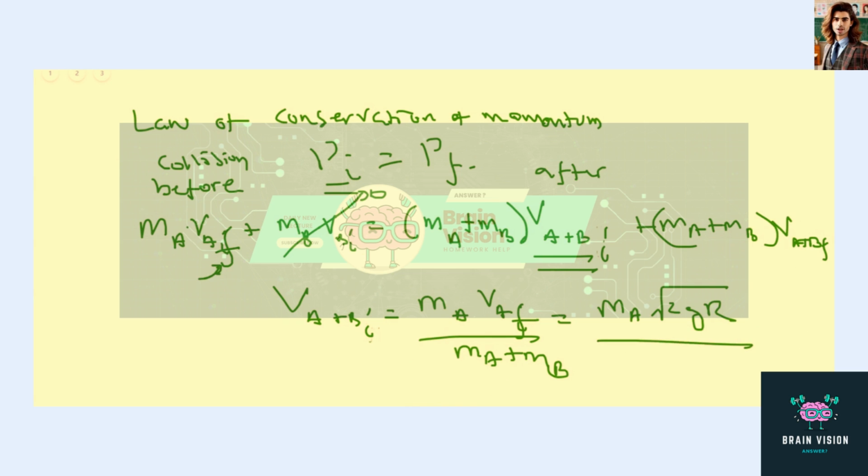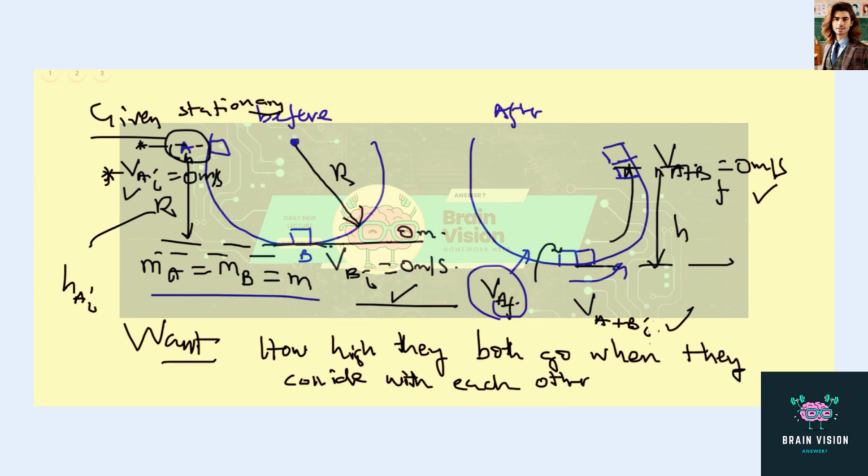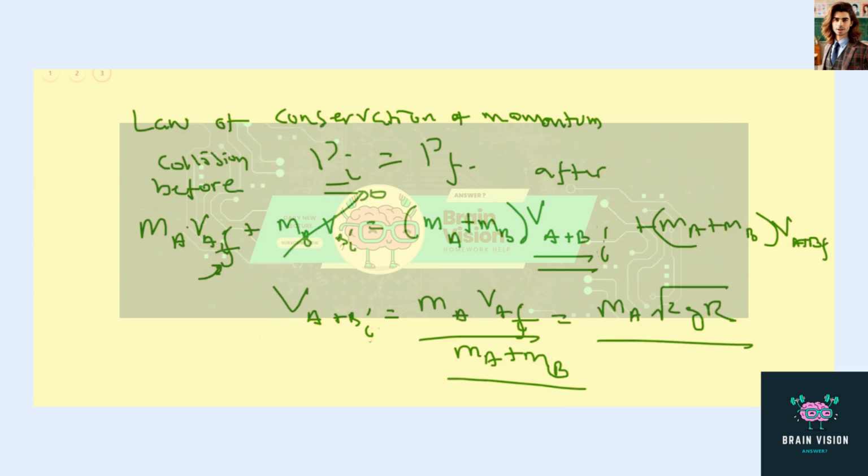And then we're dividing that by MA plus MB. But if you can recall, MA and MB are equal to M. So this is just 2M. And also, since MA equals M, we can replace that with M, and these two are going to cancel out.